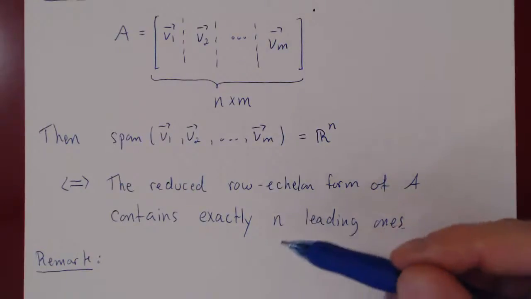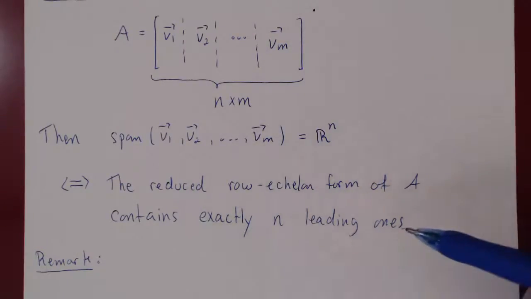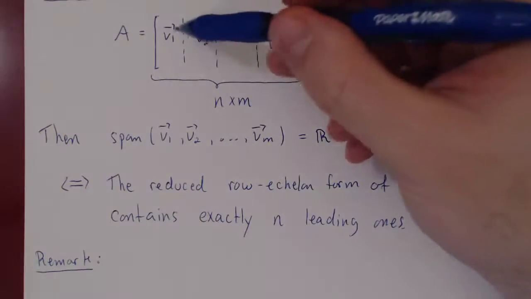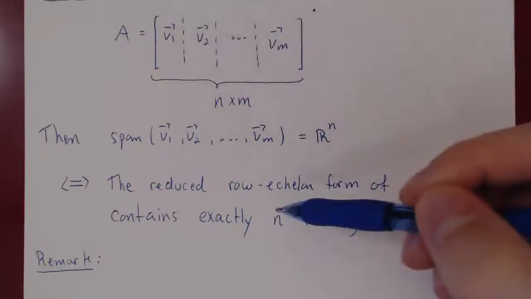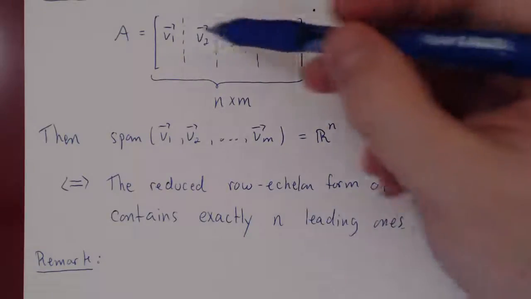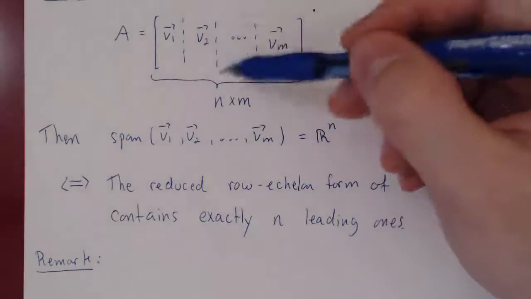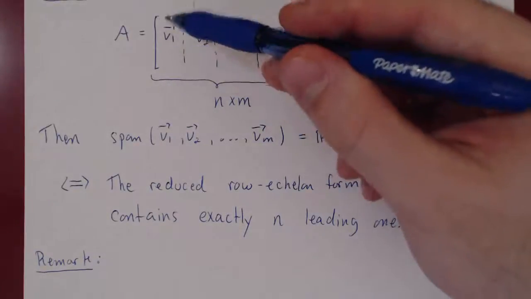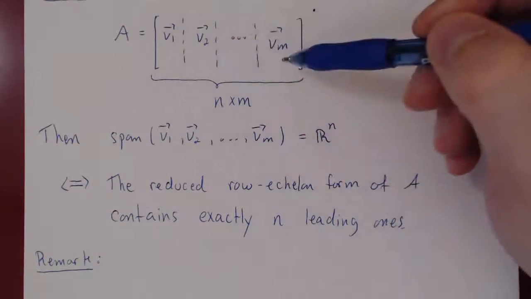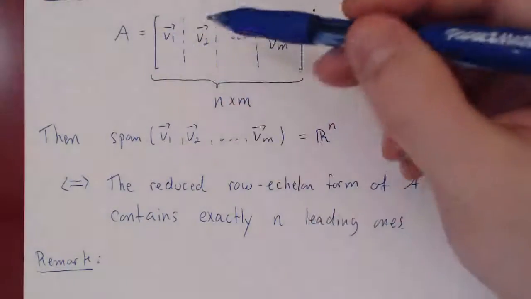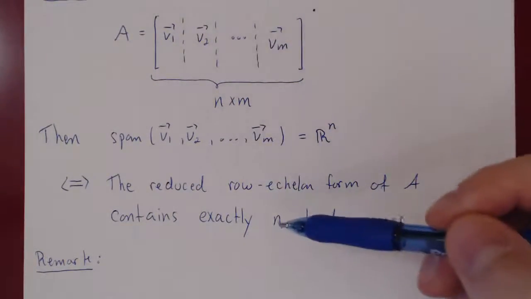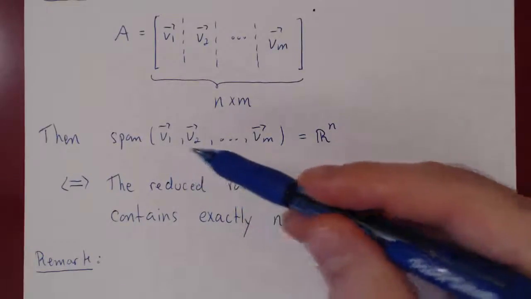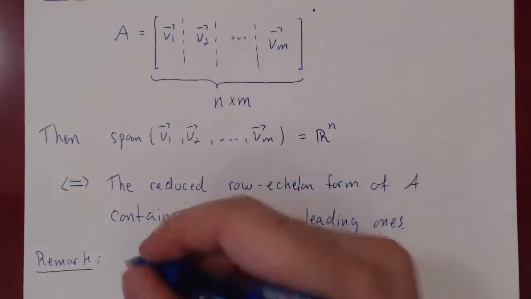So if you have to have exactly n leading ones, well, this means that given every column, you have to have at least n columns, because you cannot have more leading ones than you have columns. So if you have fewer than n vectors, the matrix A has fewer than n columns, therefore you will have strictly less than n leading ones, and the vectors will not span Rn.